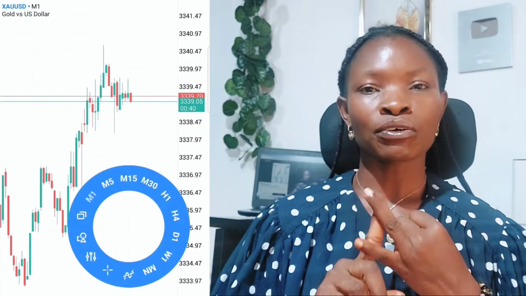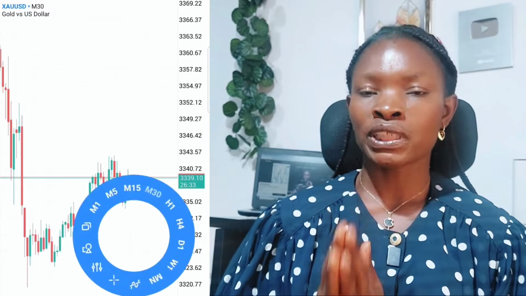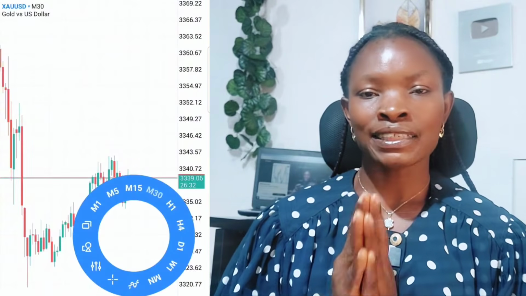If you open 5 minutes, each candle is telling you what happened every 5 minutes. You open 15 minutes, it's telling you what happened within 15 minutes. If you open 30 minutes, each candle is showing you what happened every 30 minutes. 1 hour tells the story of what happened within the past 1 hour, and so on and so forth.